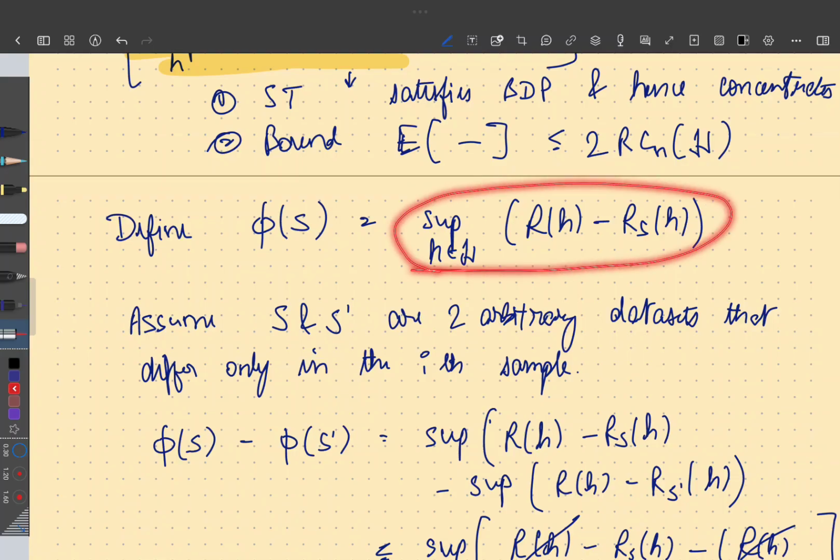The approach for Rs of h minus R of h is exactly identical, because since this satisfies the bounded differences property, supremum over all h of Rs of h minus R of h also satisfies the bounded differences property. So both this and its negative are bounded, and therefore you just get uniform convergence.